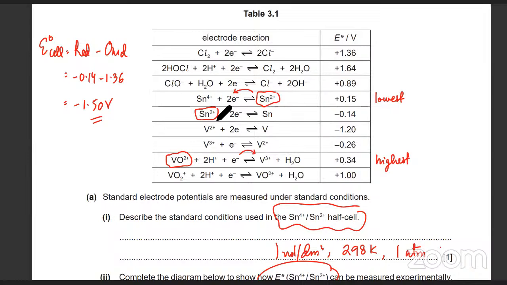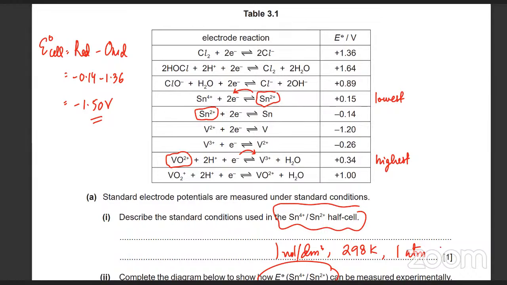If I had used the previous one, then it would have been Sn that would be losing electrons, but he didn't ask us to write a reaction with Sn. Do you get the point? Yes. Basically, I have to go with the things that I have, so that's why I did not use that one. Anyways, that's the reaction.